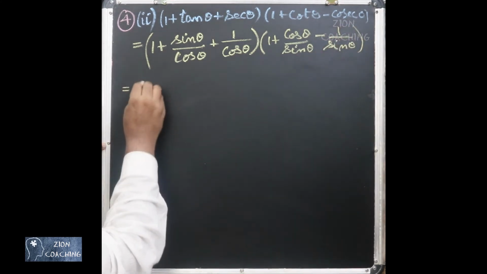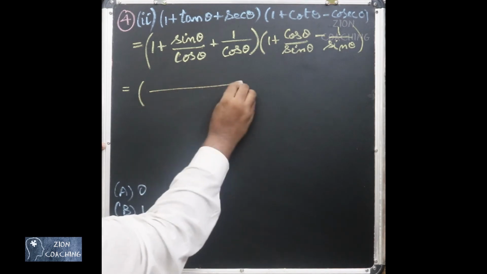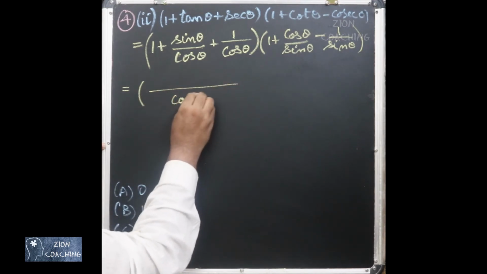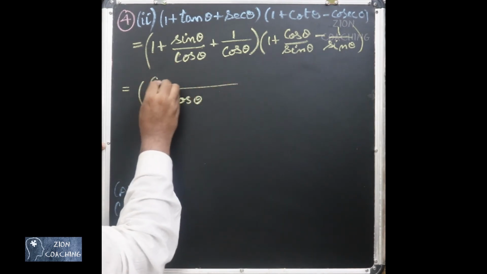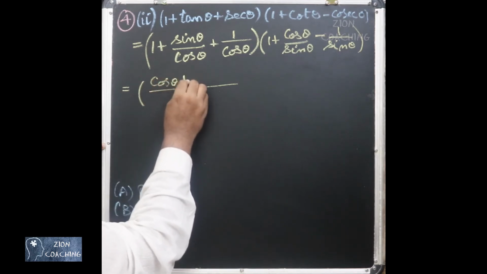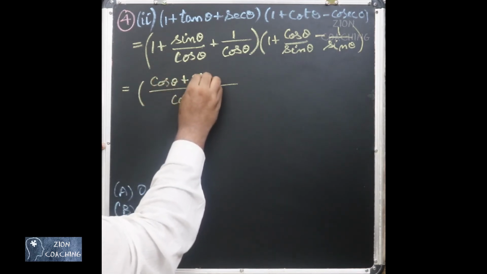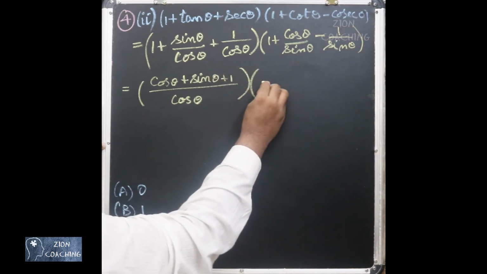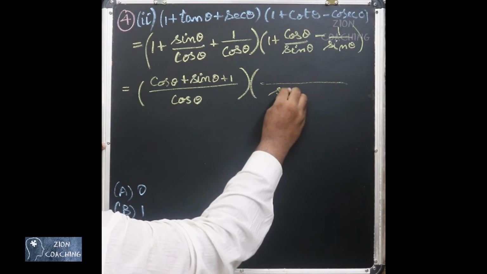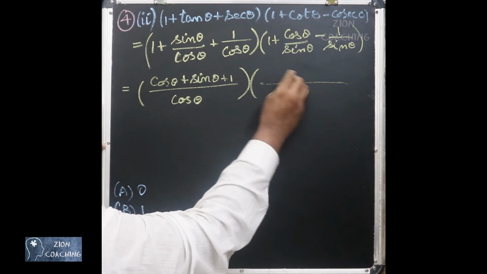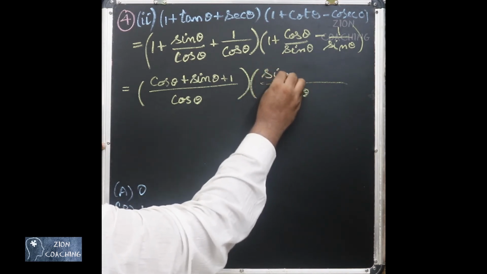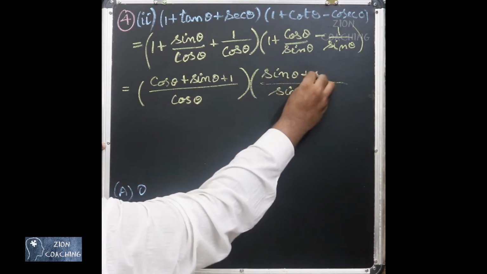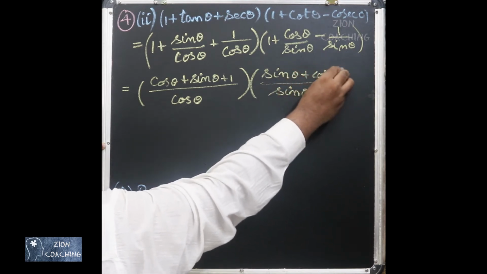Now, taking cos theta to be the LCM, you have cos theta plus sin theta plus 1, into, taking sin theta to be the LCM, sin theta plus cos theta minus 1.